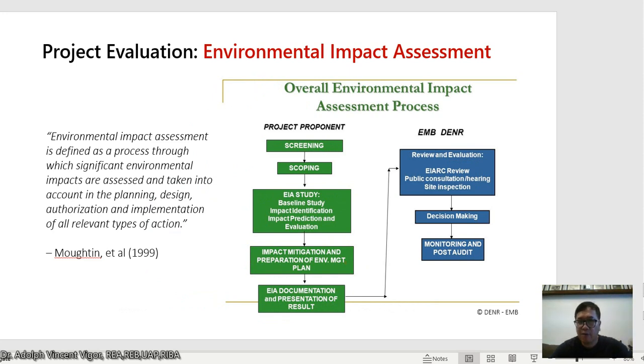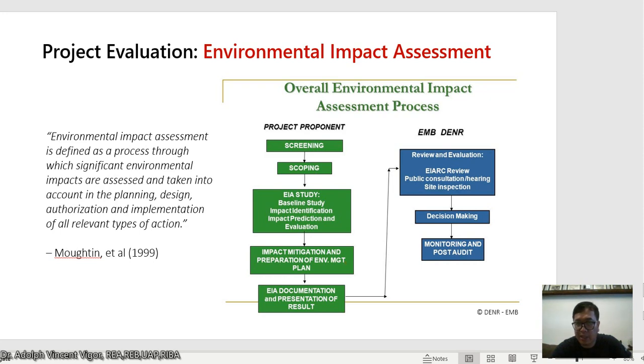So when you talk about the environmental impact assessment, it is defined as a process through which significant environmental impacts are assessed and taken into account in the planning, design, authorization, and implementation of all relevant types of action. So we have here the overall environmental impact assessment process.